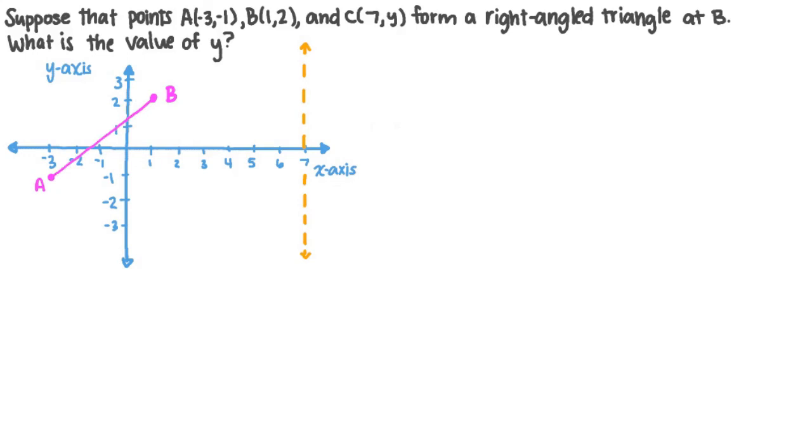We know the line AB, and we've been told that the right angle of this triangle is at point B. We can get a general idea of where we think point C would be, but this is not a good way to find an accurate answer. But because we know this is a right triangle, we could say that line AB is perpendicular to line BC, and that means the slope of line segment BC is the negative reciprocal of the slope of line segment AB.